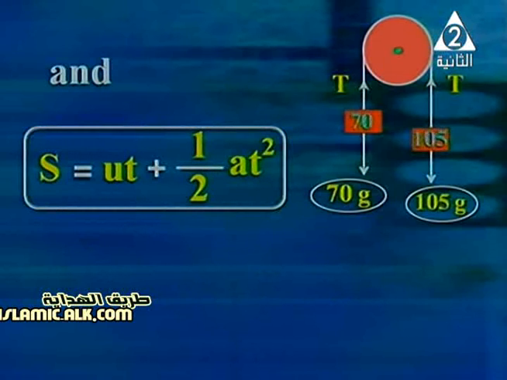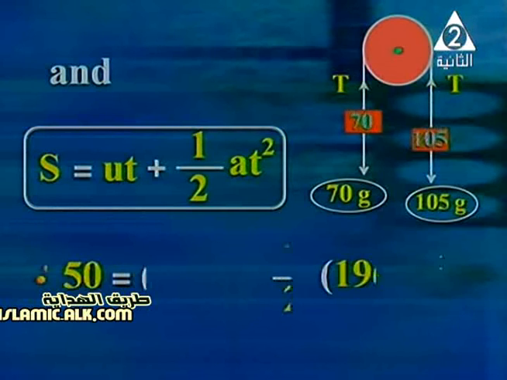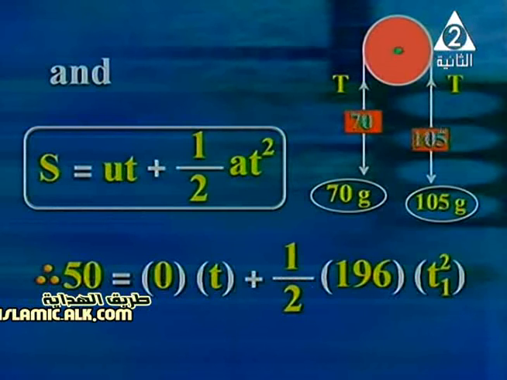If we have the second equation of motion, S, which represents the distance, equals ut plus half at squared. Then by substitution, S equals 50, initial velocity 0, and a is 196, to find the value of t.